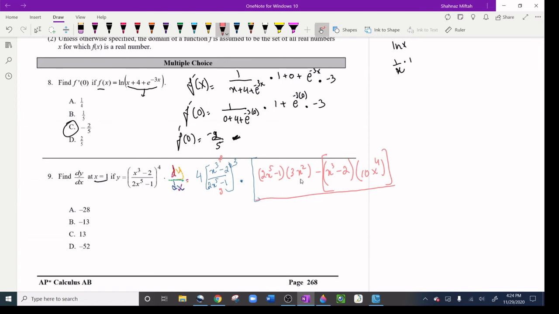All over 2x to the power 5 minus 1, whole squared.